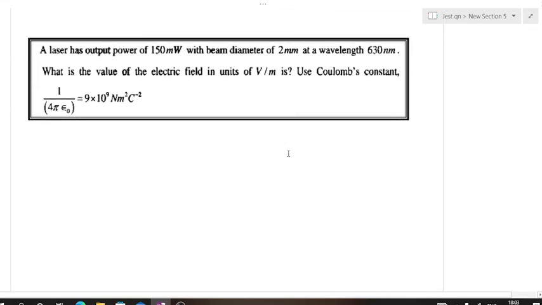Okay, let's go to the next question. A laser has output power this with beam diameter this at wavelength. What is the value of electric field by using Coulomb constant?